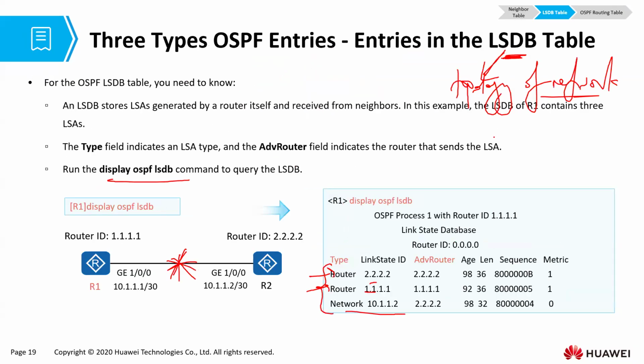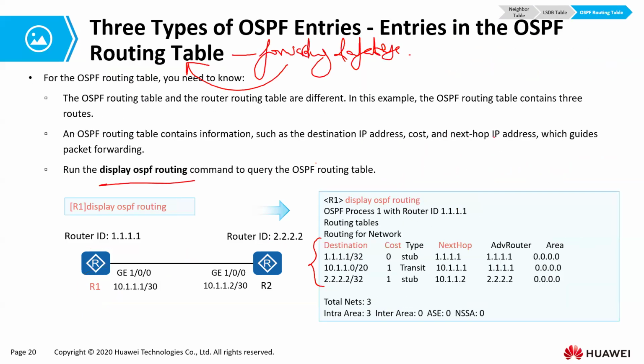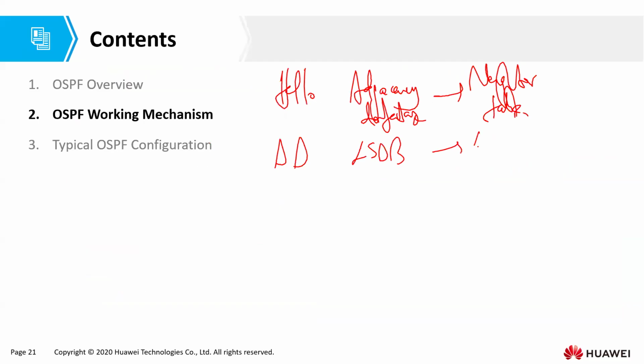In Cisco, I think it is called the topology table. Here, it's called the LSDB table, the link state database table. This is also called the topology table. It shows us the topology of the network.